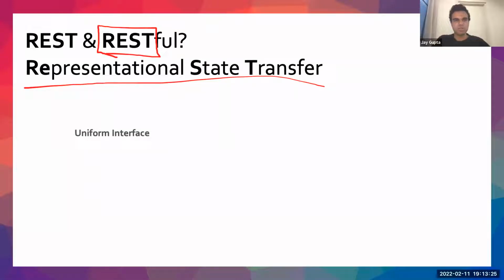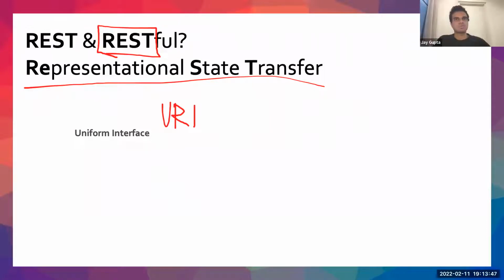Okay, so the first principle is uniform interface. What that basically means is that all API requests should look the same no matter where the request comes from. And also the REST API should ensure that every resource that we request has a unique URI.